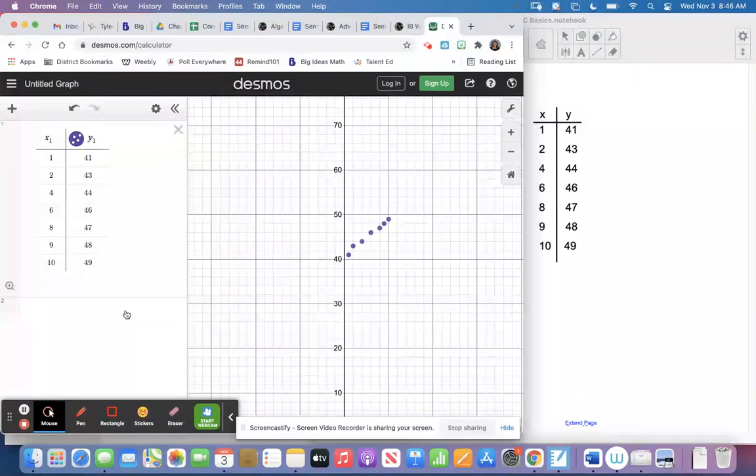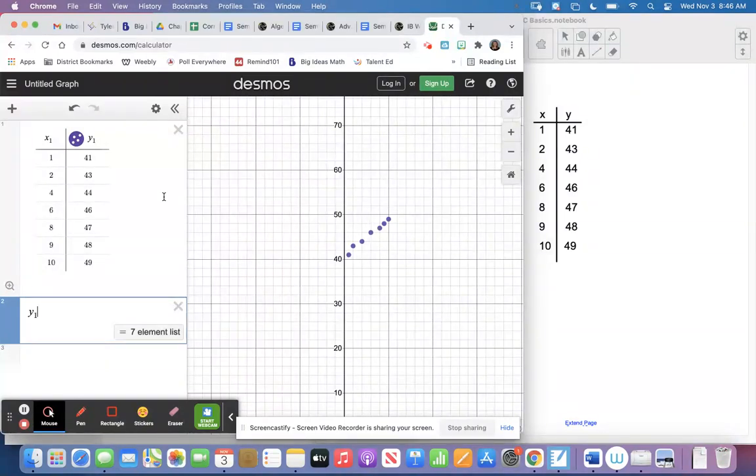So to use Desmos to find that, we type in our table, and then the next thing you do is you go to the number 2, and we want to type in really just the equation y equals mx plus b. But because I want it associated with this table right here, instead of just y, I need y sub 1. And instead of just x, I need x sub 1. So to find it, we're going to say y1.